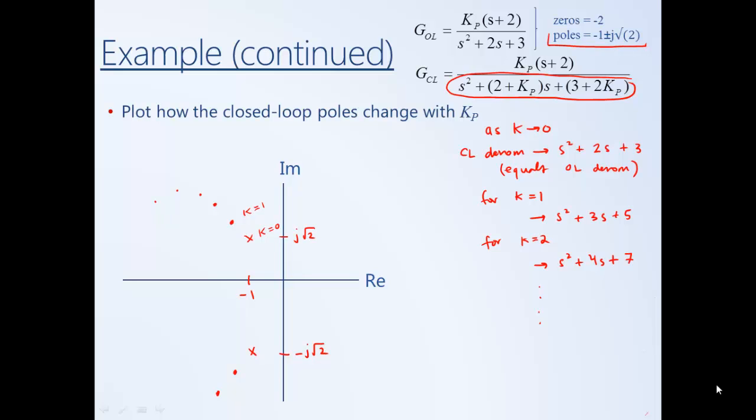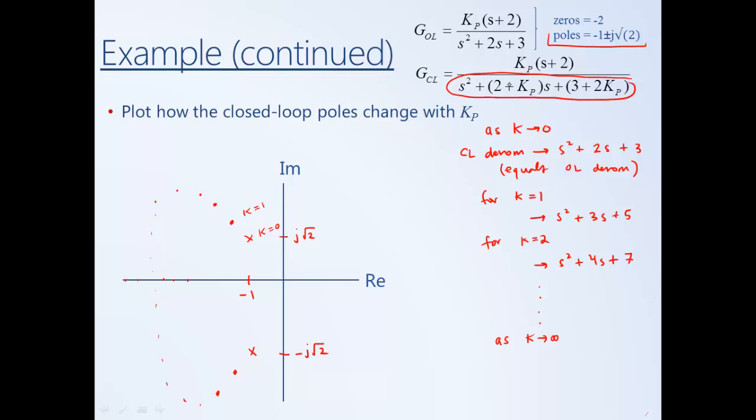If we keep increasing k, so all the way as k approaches infinity, and we plot what the closed loop poles are doing, they behave in this sort of manner. And then if we increase k enough, the system becomes overdamped. The closed loop poles go from being complex to being real.